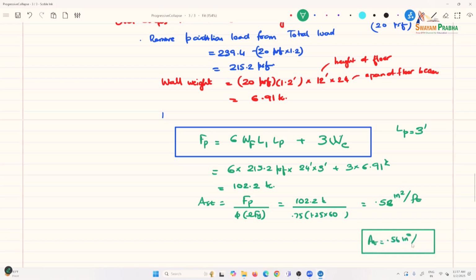You can detail it, but we won't do it in this. But this is provided over 3.3 feet outside the beam. Outside the beam width, basically 1 meter.